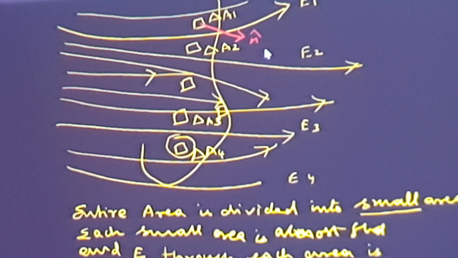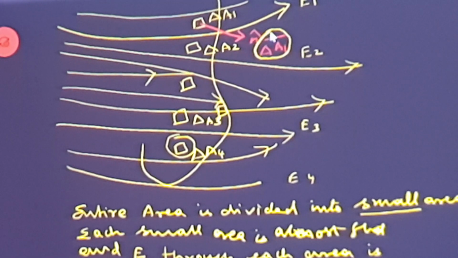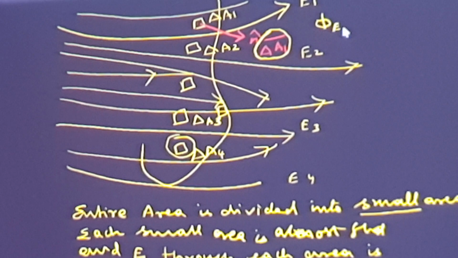Since this is delta A1, I am writing it like this, delta A1 vector, that is, delta A1, the magnitude of the area, multiplied with n cap. Now, for this small area, what is the electrical flux? For this small area, the electrical flux I can write as phi E1.